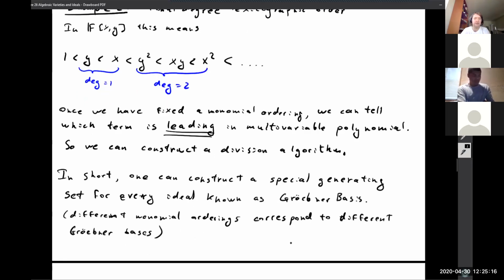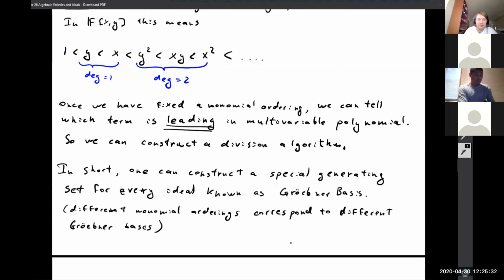Then for every polynomial, you can look at the remainders with respect to this Grobner basis, and they will be uniquely determined.